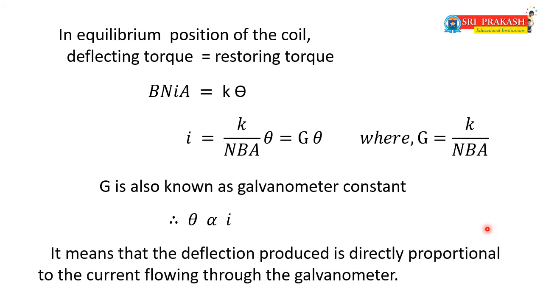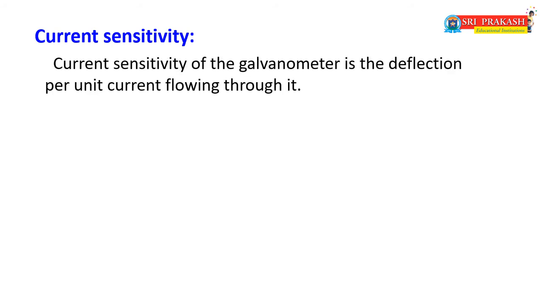So the deflection produced is directly proportional to the current flowing through the galvanometer. Current sensitivity of the galvanometer is the deflection per unit current flowing through it. We already derived the expression I equals K by NBA into theta.